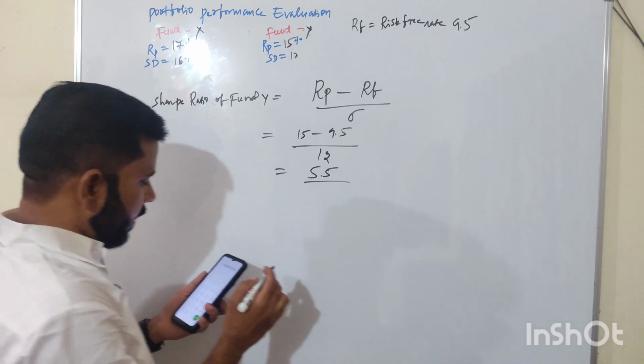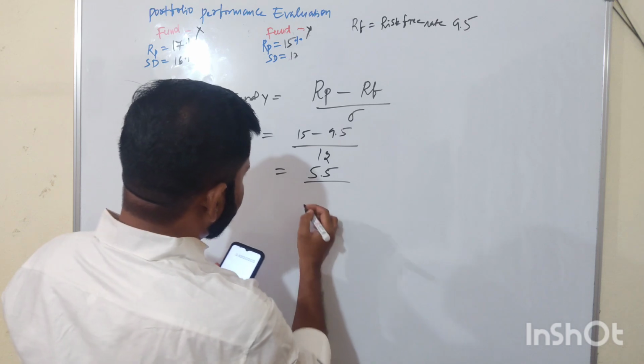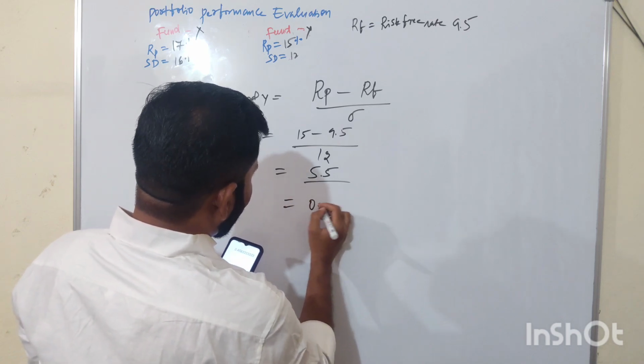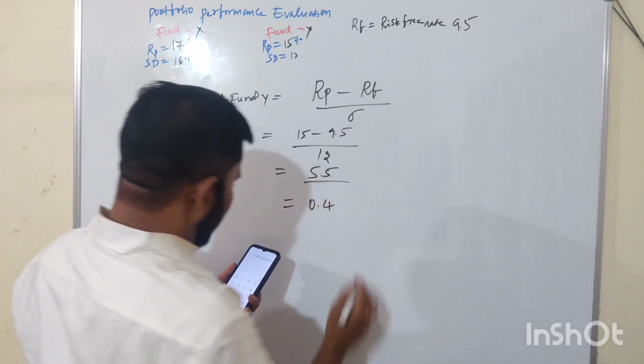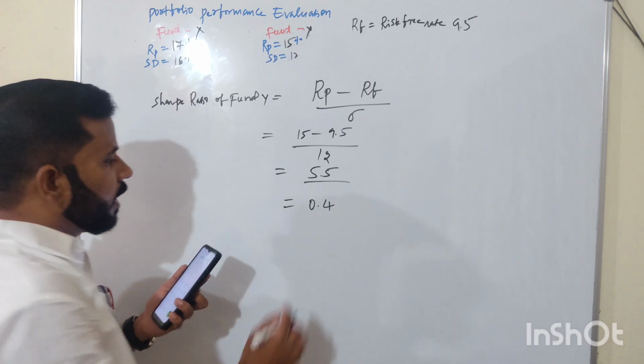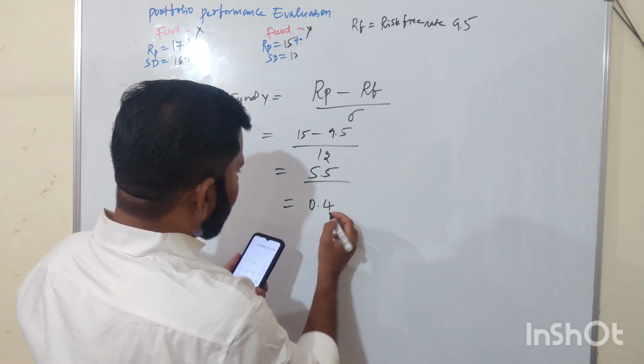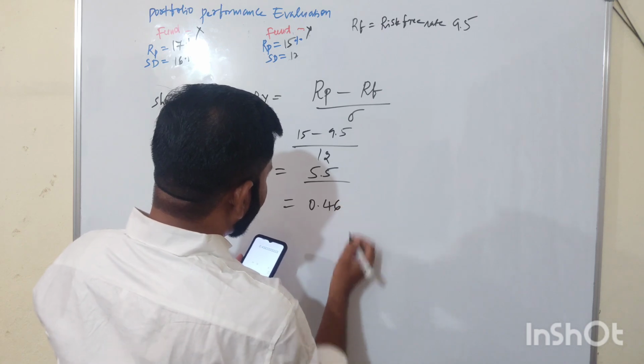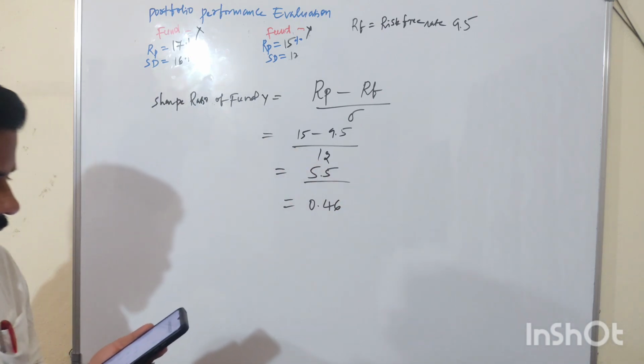If we calculate, we get 0.4583. The third digit is more than 5, so let's take it as the round figure 0.46.